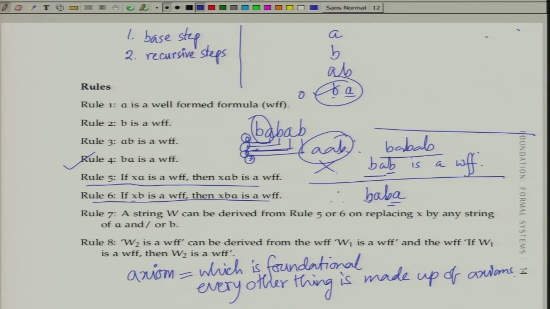Nobody stops me from replacing X by AA. I can use rule 6 and replace X by AA. What do I get? By replacing X by AA: if AAB is a WFF, then AABA is a WFF.